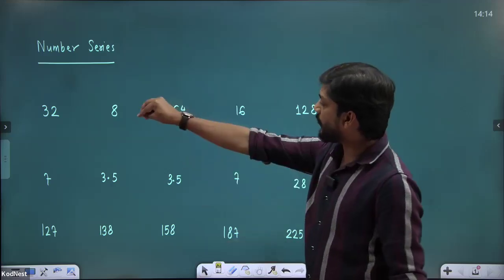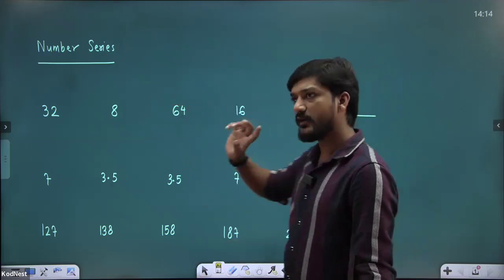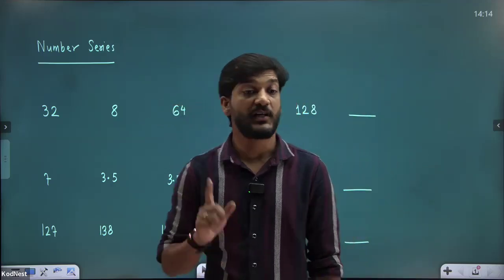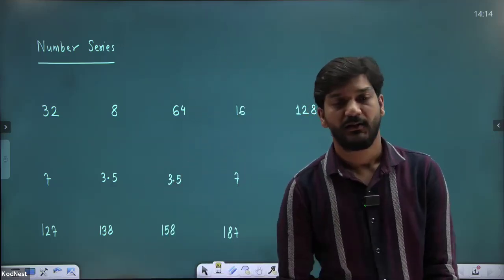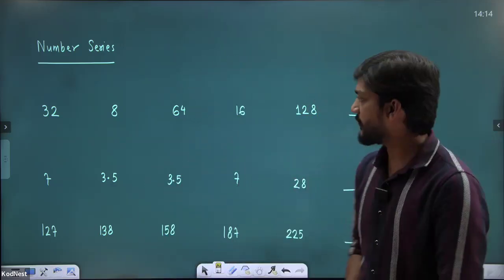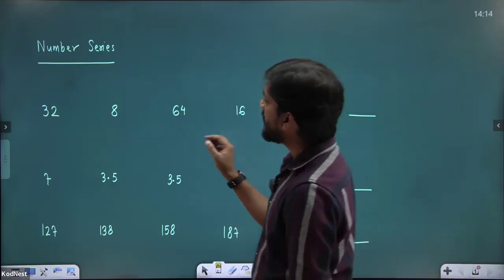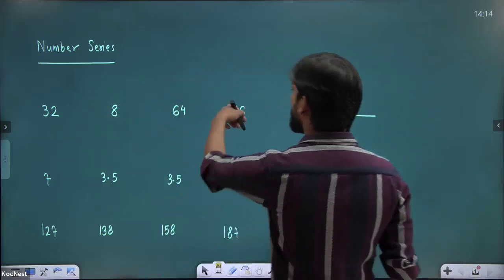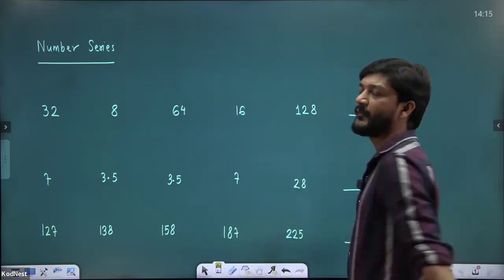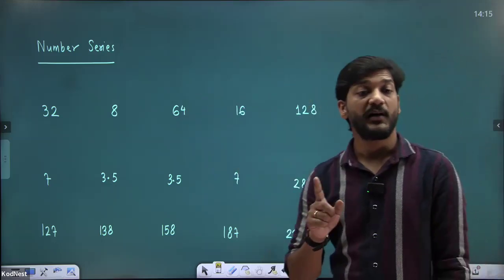Carefully answer. When you look at the numbers, are you thinking you should try plus and minus, that means addition, subtraction? No, because when I see the numbers, I can think, okay, 8 into 4 is 32, 8 into 8 is 64, 16 into 4, 16 into 8. So they can be related by multiplication.